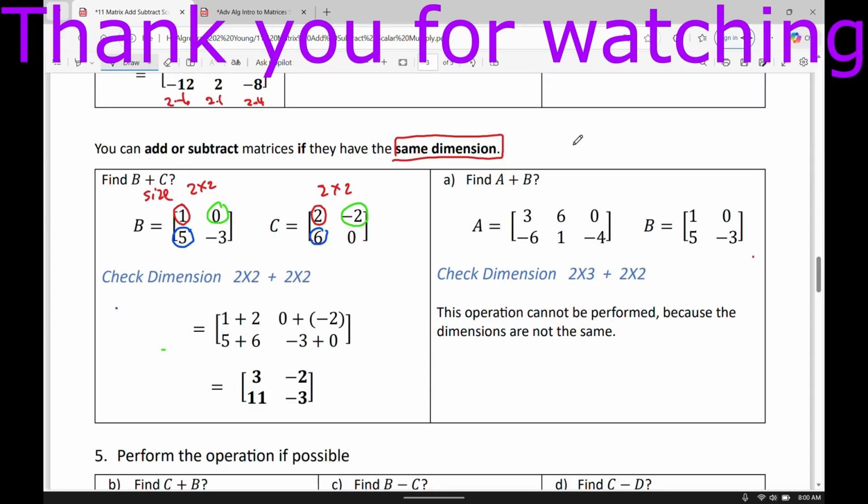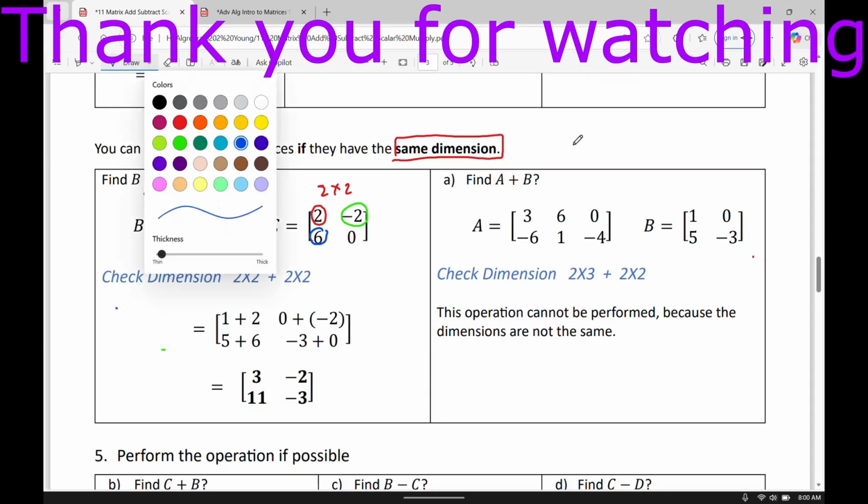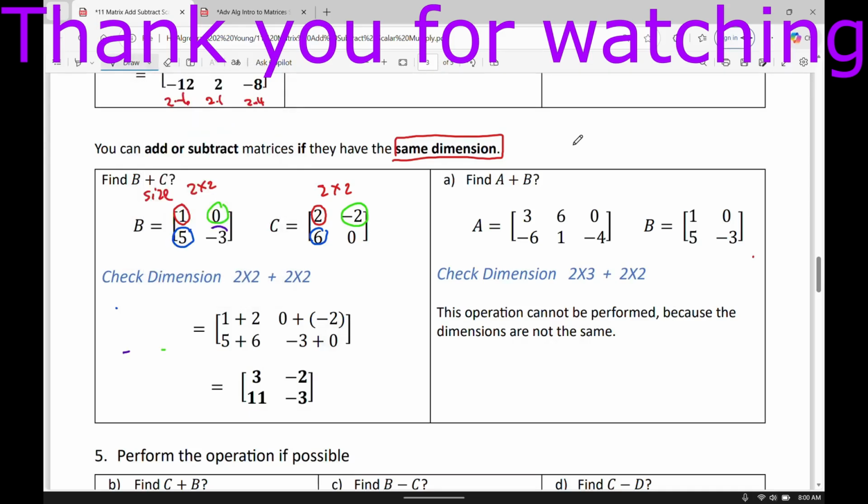Make sure you keep them exactly in the same row and column. And then negative 3 plus 0. I color coded it for you to see where the numbers are. So these are the answers at the bottom.